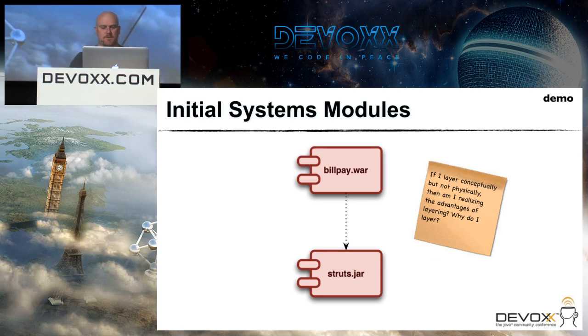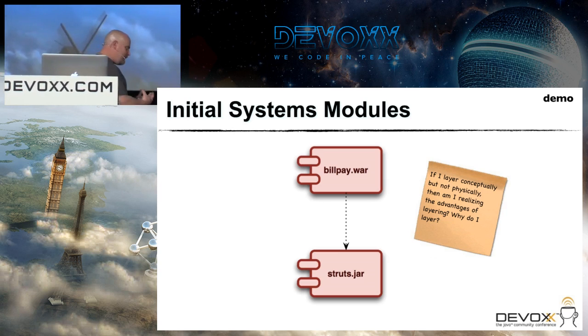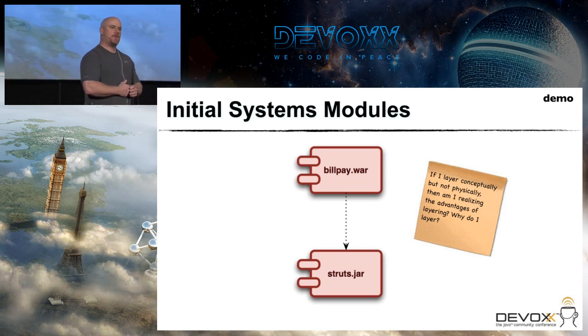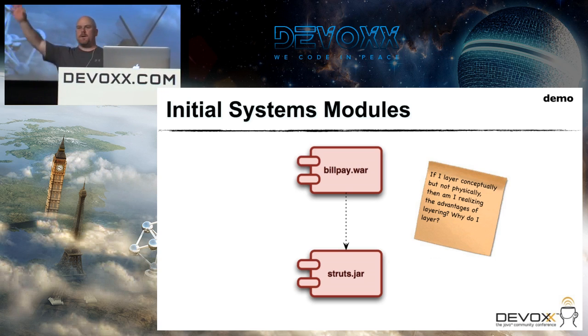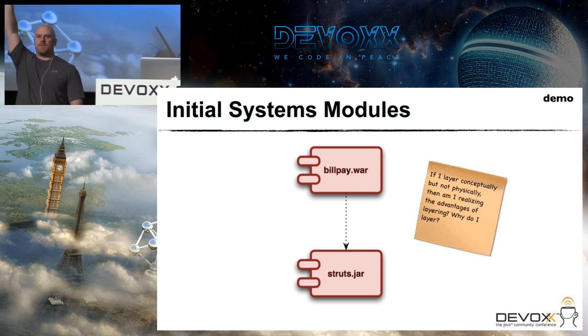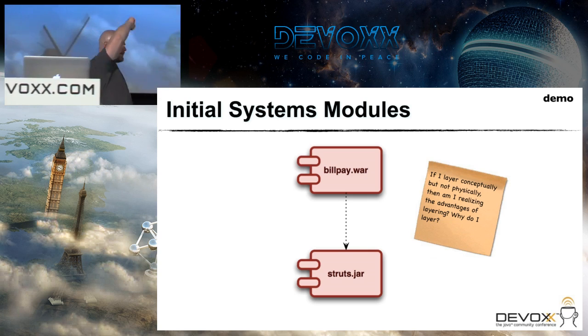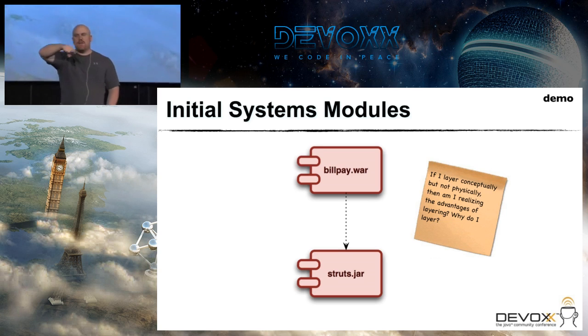And if I only conceptually layer my software, then I claim I'm not really taking advantage of what layering provides for me. Think about some of the systems that you've developed over the past several years. How many people here have developed a system using Struts? And how many people here at some point in time have decided that, you know what? Struts is a framework from a bygone era.